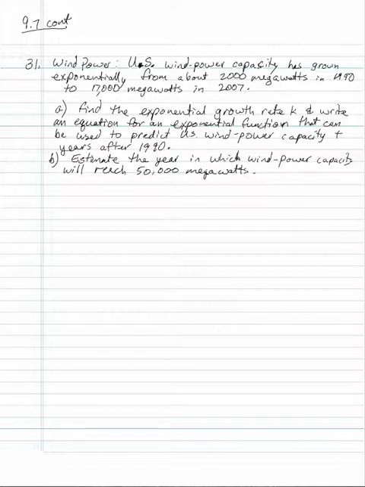So basically what we're going to do is think of this as 2 points, and we're going to write our general growth function. We know P sub 0 is 1990 is the 2000, so remember, T equals 0 is 1990, and we have that point.